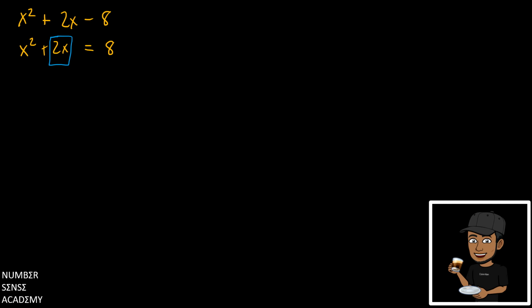And where does that come from? Remember, in factored form, if I have x minus a squared, in expanded form, I have x squared minus 2ax plus a squared. Okay?